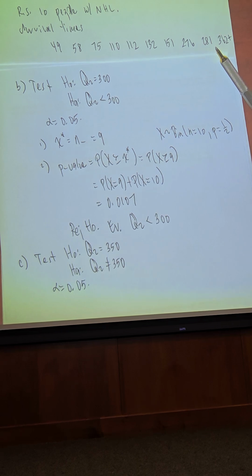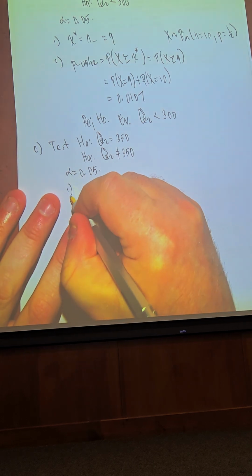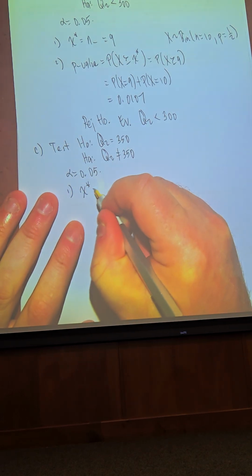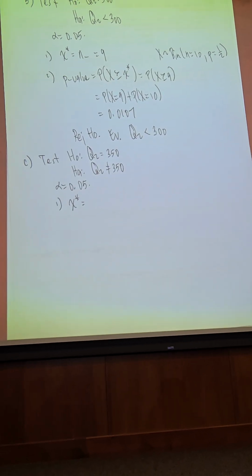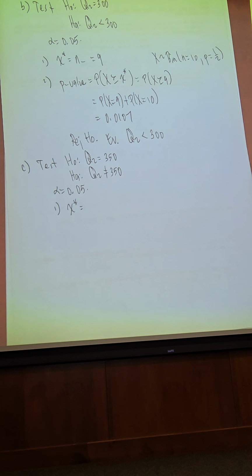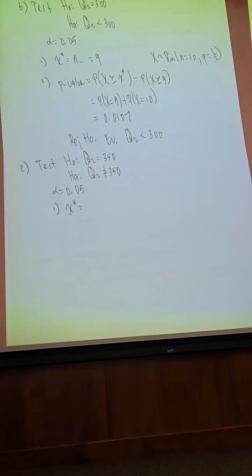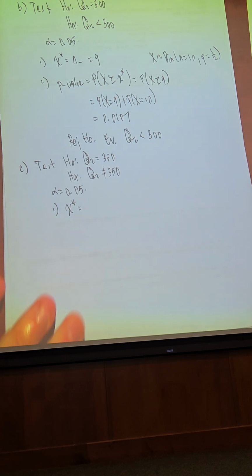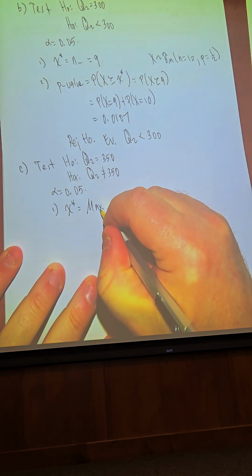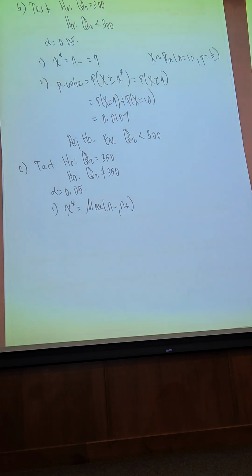And so, to do this guy, we'll get our test statistic, X star. For a two-sided test, you might ask how you find your test statistic. This is something that comes up once in a while in statistics. What I'm going to tell you to do is take the maximum of n minus and n plus, the bigger of those two guys.